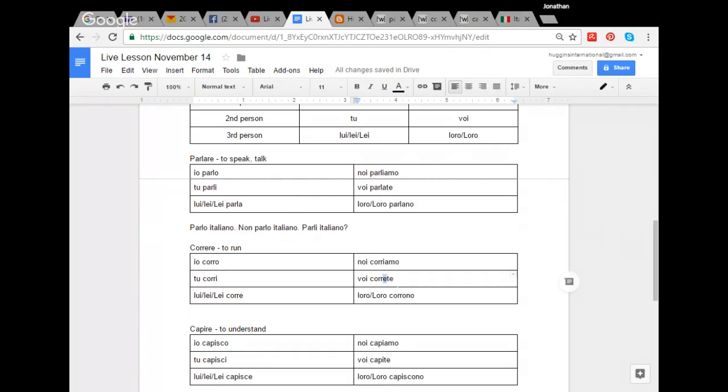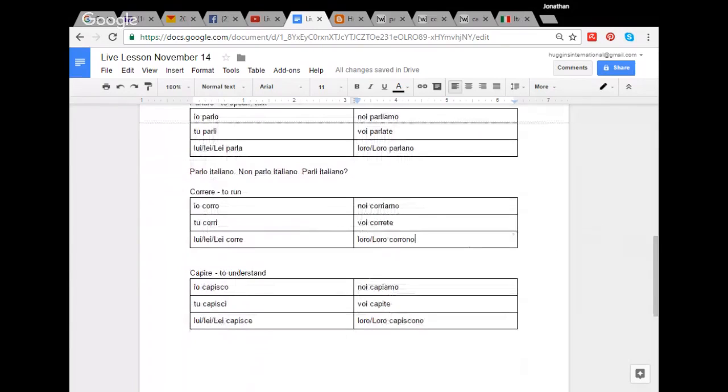Those are the differences to look at for this ETE ending and this E ending for lui, lei, based on the infinitive that has the ERE ending. Then for the third person plural, we have an ONO ending here. So in the ARE verb group we have ANO, and here we have ONO. Those are a few of these little tiny differences between the first group and second group.